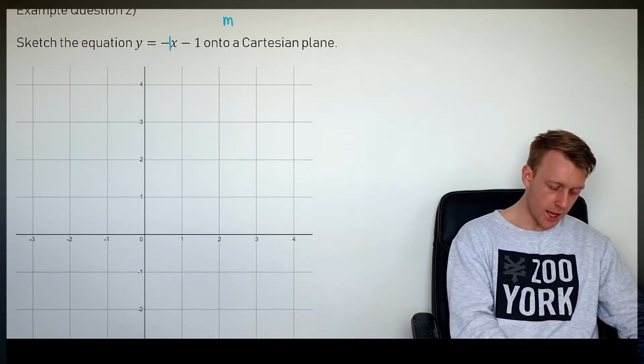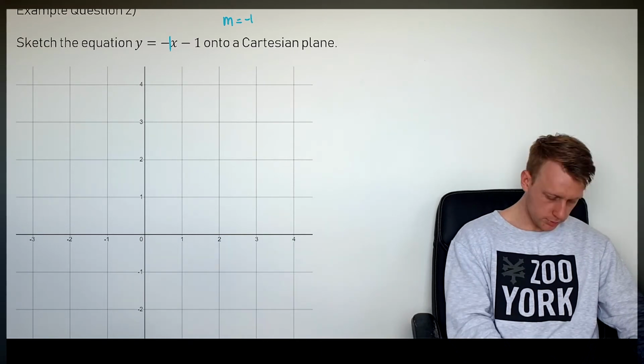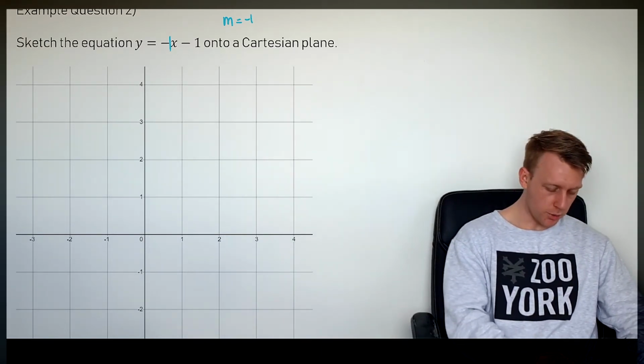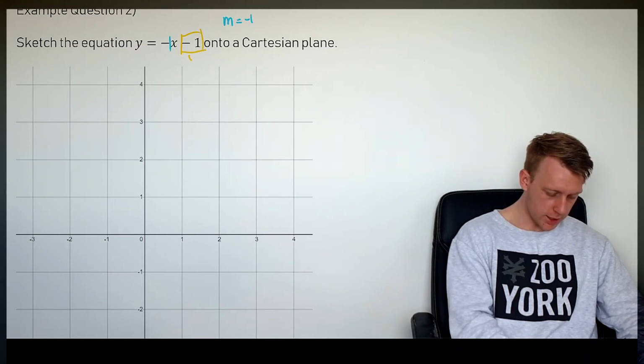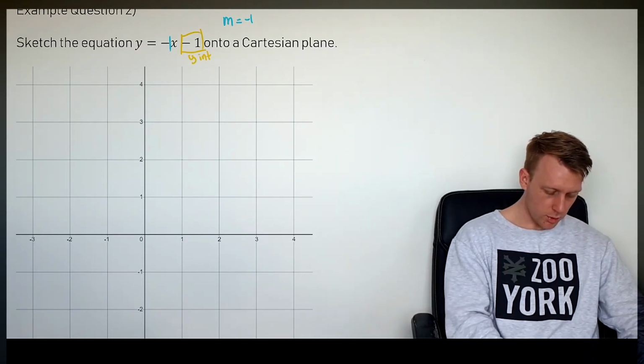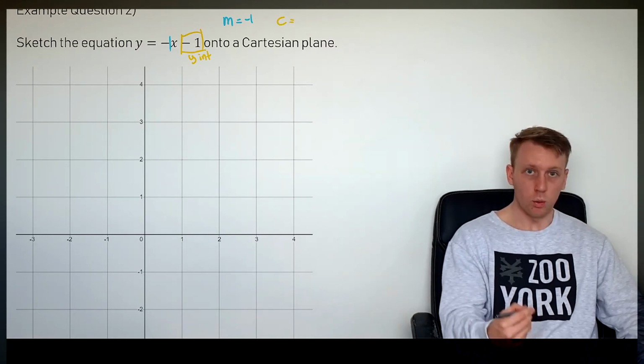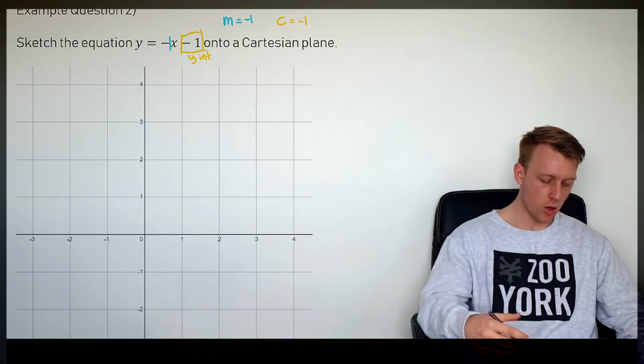So that would imply that m is equal to negative 1, and we've got this for our y-intercept, where c, or our y-intercept, is -1.